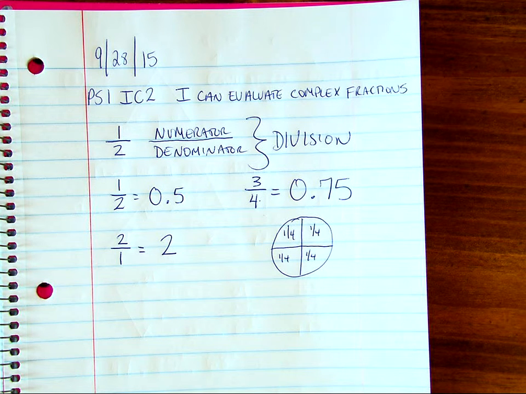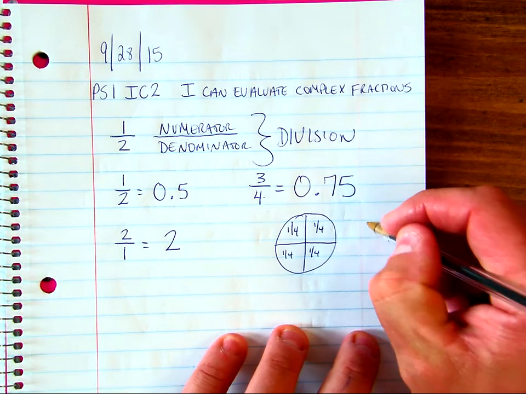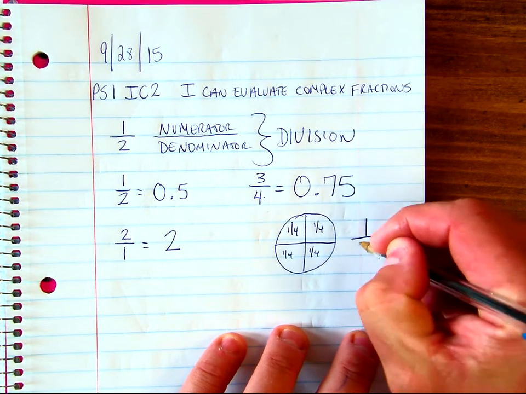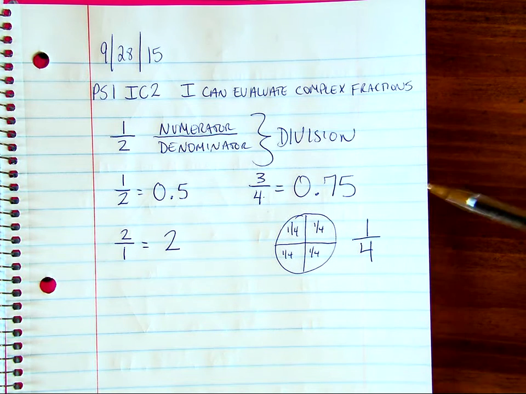Do you watch basketball? No. Do you watch football? Yeah. Okay, do you ever hear them say, well, it's the first quarter? Yeah. The first quarter means 1/4, because there's 4 quarters.